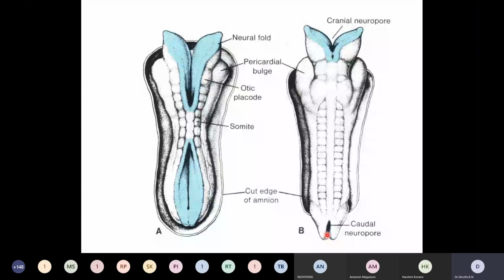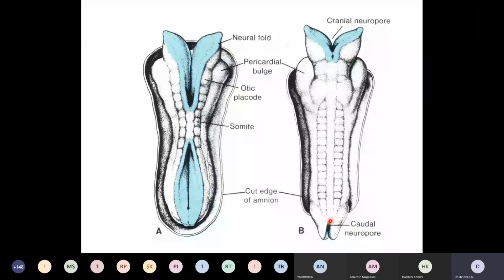Around 25th day or at around 20th somite stage, the cranial neuropore closes and the caudal neuropore closes at around 27th day or 25th somite stage. So this is the process of formation of neural tube and the neural crest cells get separated from the surface ectoderm as well as the neural tube.